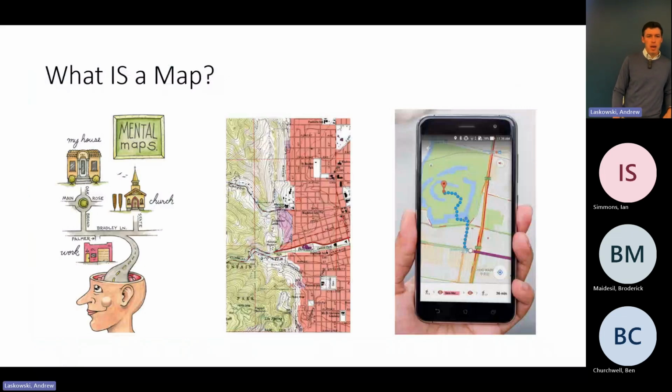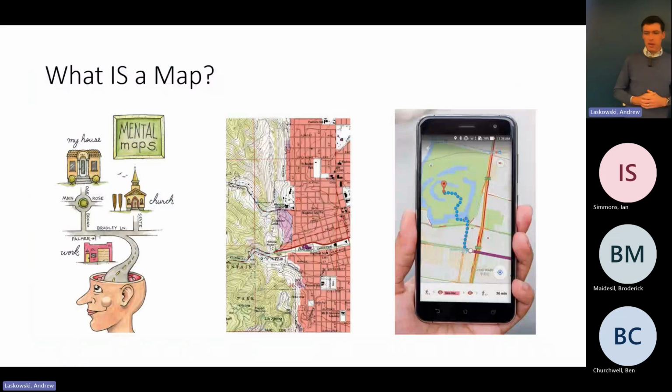All right, so what is a map? We had this example of mental maps where we sketched our mental map of Bozeman. It really depends on our own experience, right? Landmark knowledge, route knowledge that we may have developed over the years of living here. You might also expect that people who have been here for a longer period of time have a richer mental map library to work with.